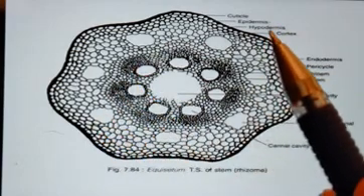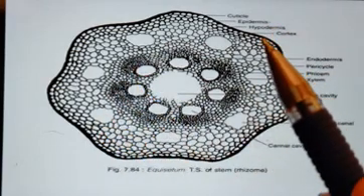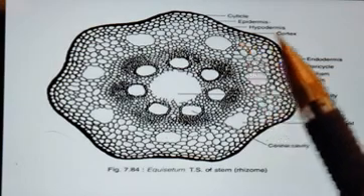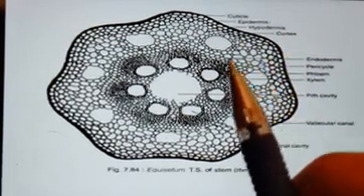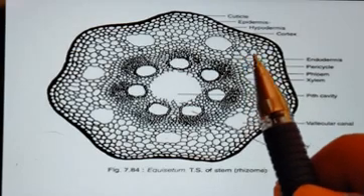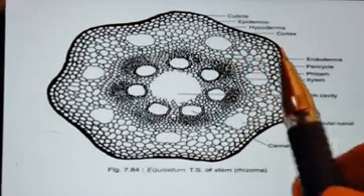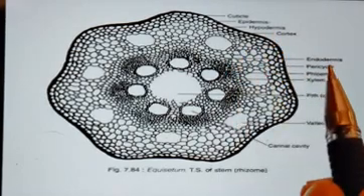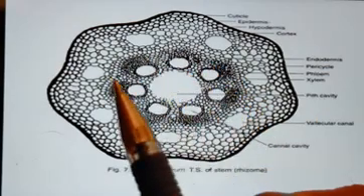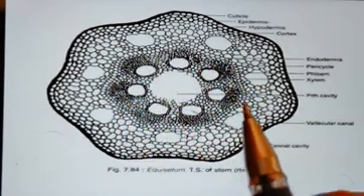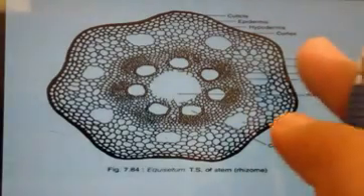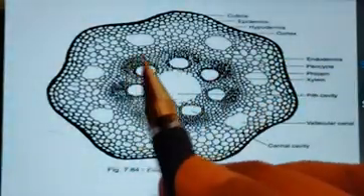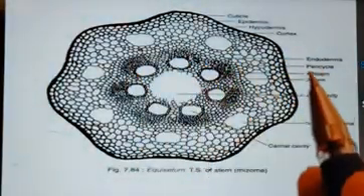Then the next layer is the hypodermis, next to the epidermis. Then the cortex, where large parenchymatous cells are present. Then the endodermis, a single layer of parenchymatous cells in the TS of Equisetum stem.